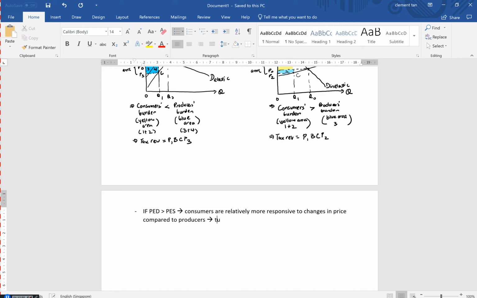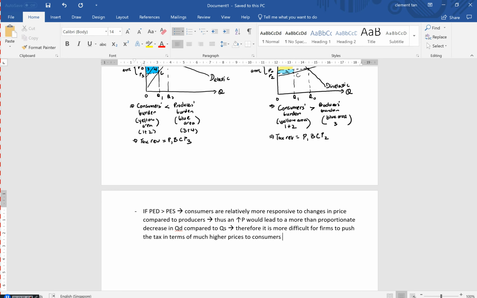Thus, an increase in price will lead to a more than proportionate decrease in quantity demanded compared to quantity supplied. Therefore, it is more difficult for firms to push the tax in terms of much higher prices to consumers.